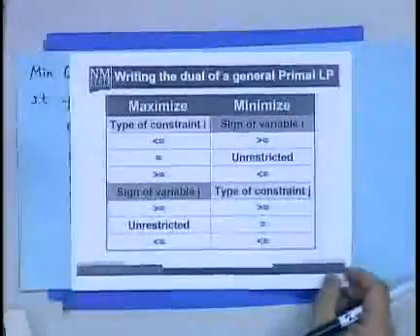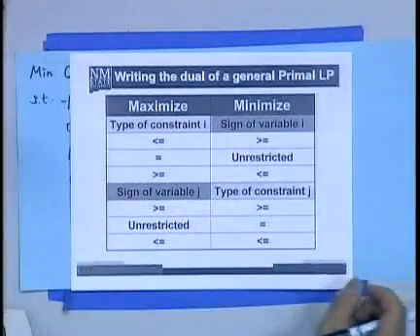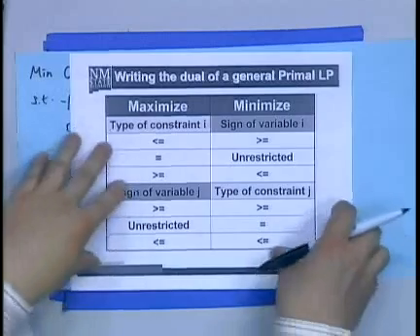And we can use this table to obtain the right direction for each constraint, the sign of each variable, right?